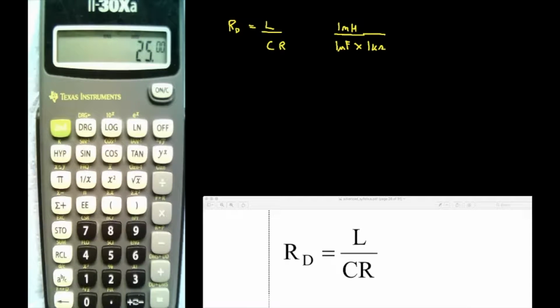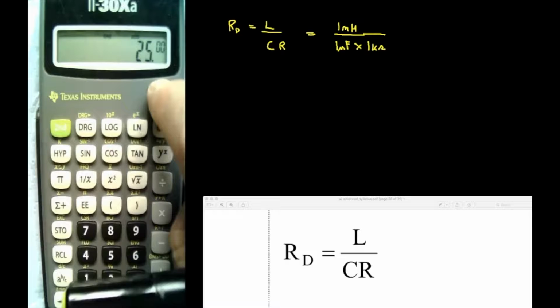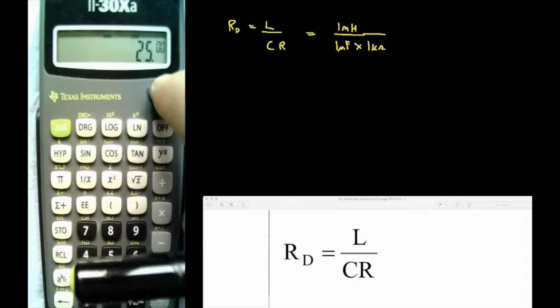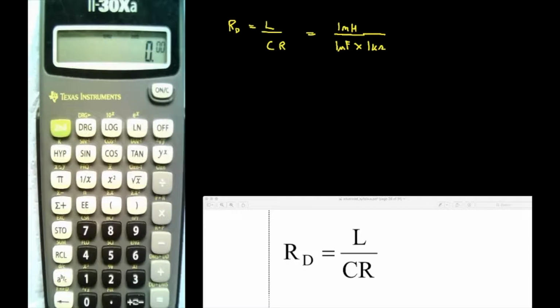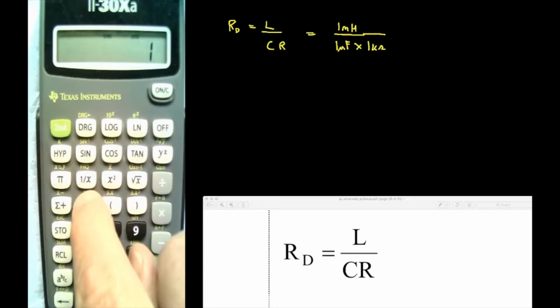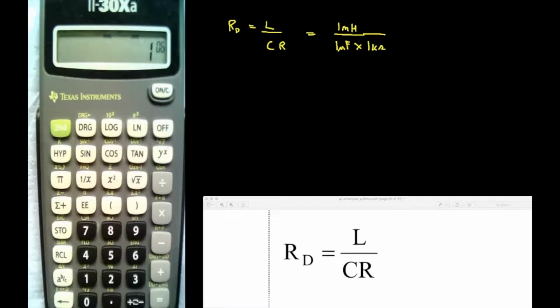Now let's do it the way that I mentioned before, the way I think is probably the easiest and requires the fewest keystrokes, would be to make sure you're in engineering mode. 1 EE6 change sign, I'm doing the 1 microfarad first on the bottom, times 1 kilo ohm, 1 EE3 equals.